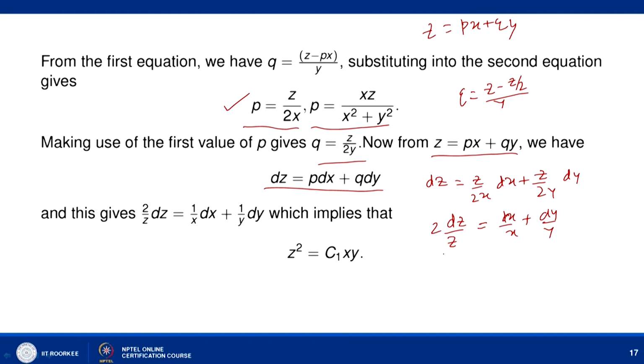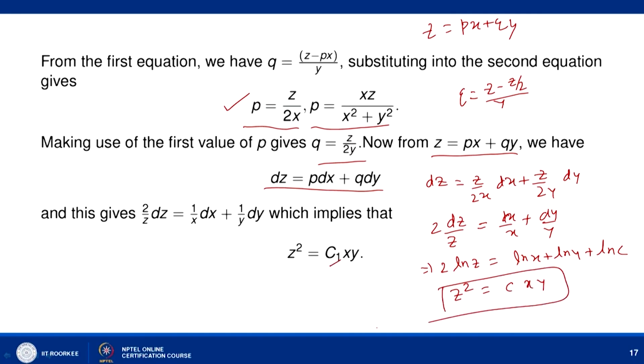If you simplify, you can write 2 ln z equal to ln x plus ln y plus ln c. So, we can write z square equal to c1 times xy. So, one solution is z square equal to c x y.